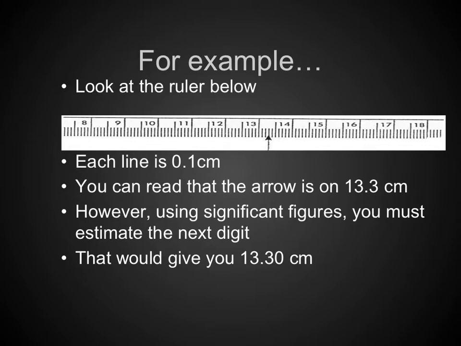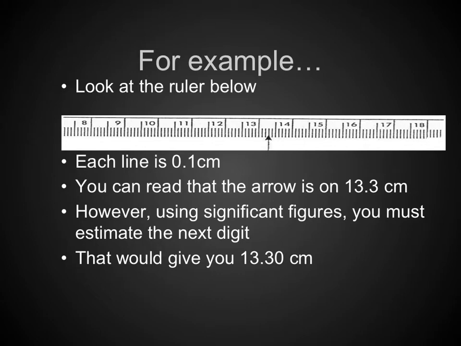When you're using significant figures, you just estimate the next digit. So it's 13.3, and because it's right on that line, it's going to be 13.30, and that gives us our measurement for the length of whatever we're looking at.